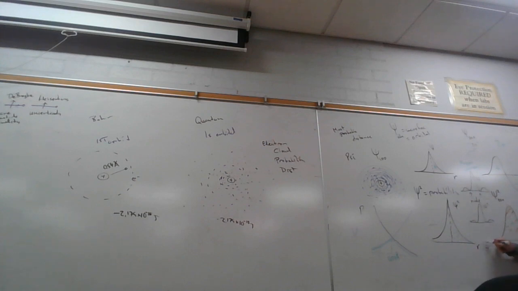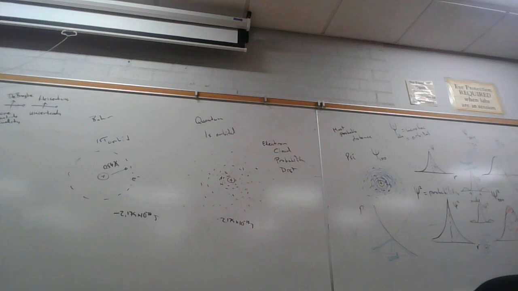And then there's going to be a nodal region, a place where there's zero probability, where the amplitude goes to zero at the node, and then we have probability after the node here. And so there's going to be a hollow shell in here where there's no probability. This is called a node as well.